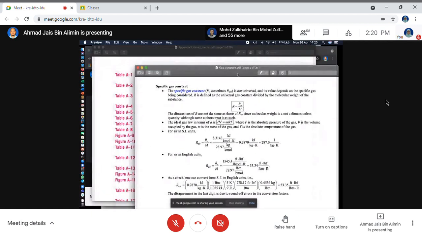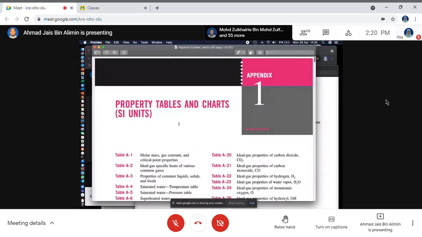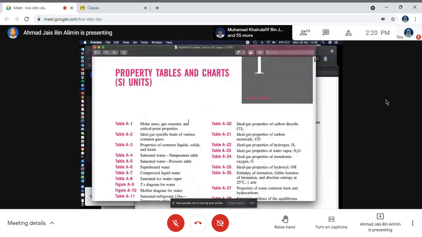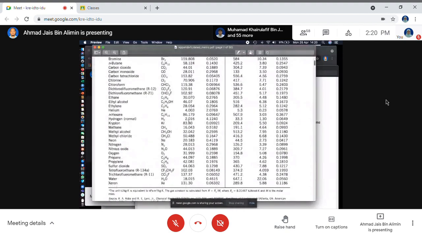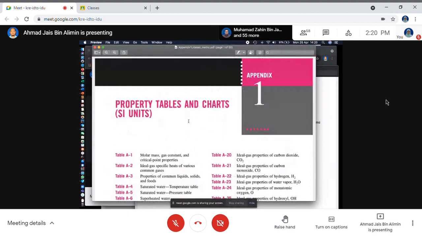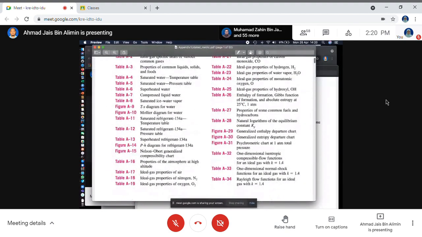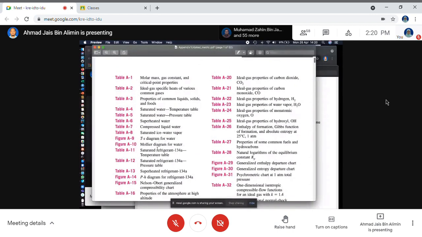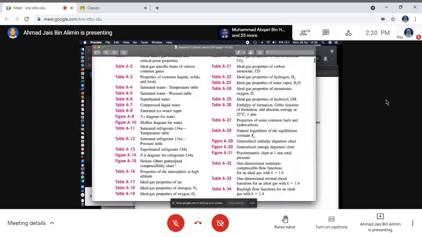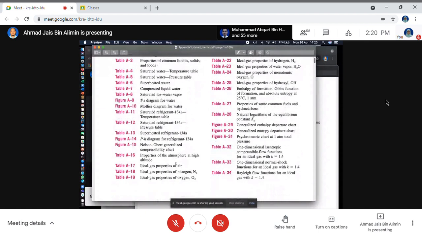Yang pentingnya pelajar kena ada akses pada ni. Boleh Google dan dia akan ada. Untuk air pakai yang ni, untuk udara dia pakai table A17. Itu nilai-nilai yang boleh dirujuk bila buat pengiraan.